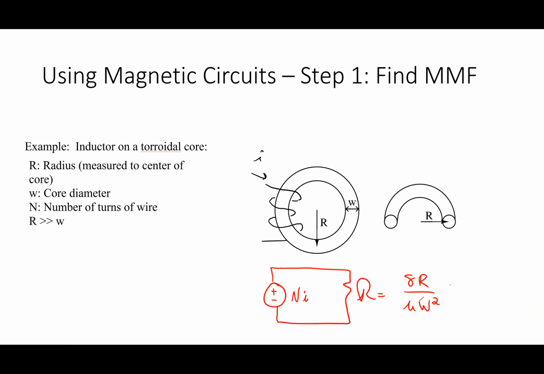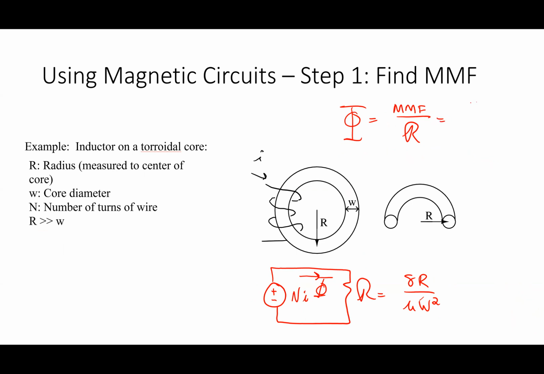So let's say I wanted to figure out what the flux is here. Well, flux is like the current in this thing, right? So phi is the MMF divided by the total reluctance that the MMF source sees.